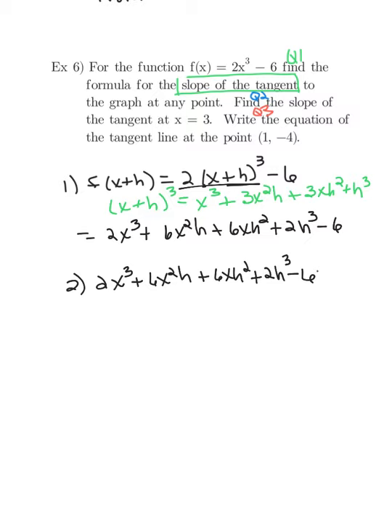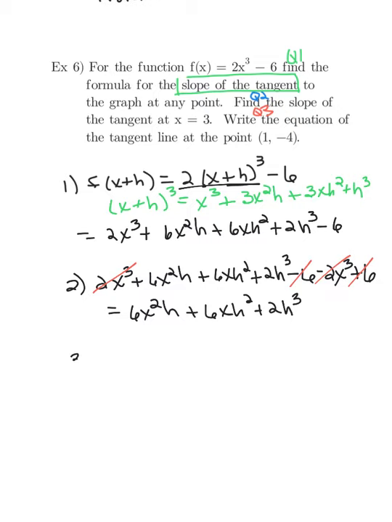So we will have minus 2x cubed and plus 6. This is the step where we have to have some canceling happening. Positive 2x cubed, negative 2x cubed, cancel. Negative 6, positive 6, cancel. Every term that's left must have an h in it. We get 6x squared h plus 6xh squared plus 2h cubed.